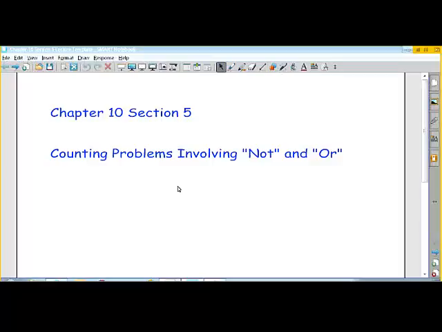You'll see how that makes sense in a second. It usually involves a problem like we've dealt with, but involves the words not or the word or.